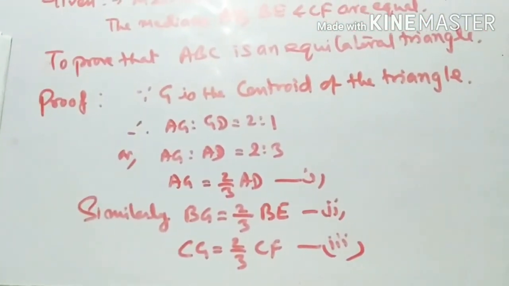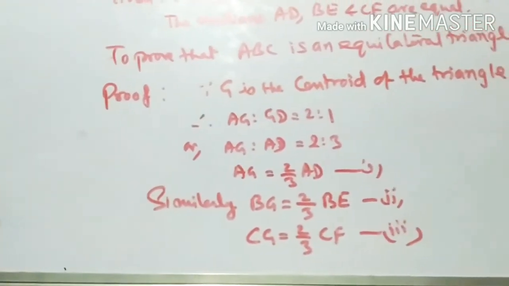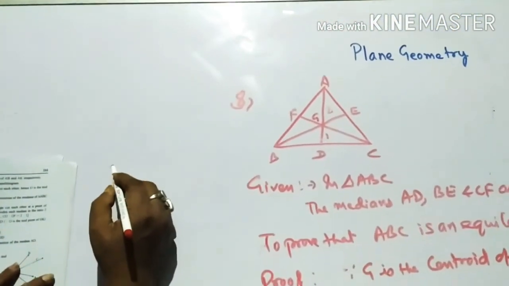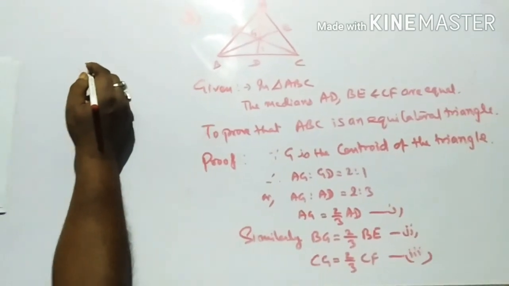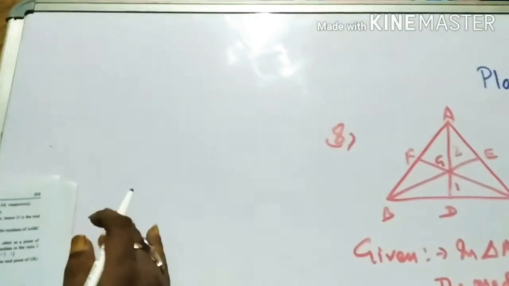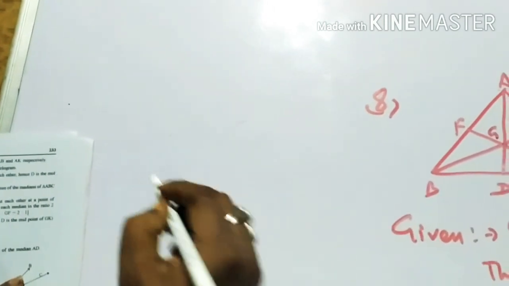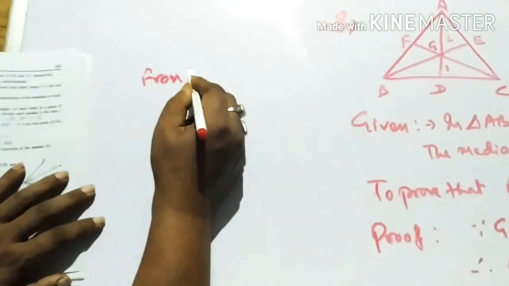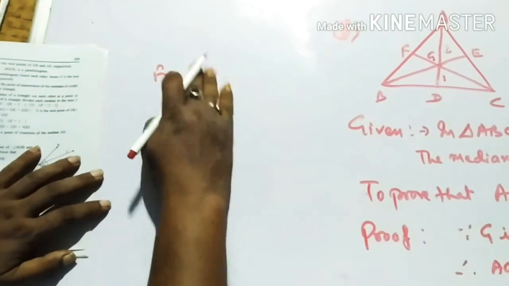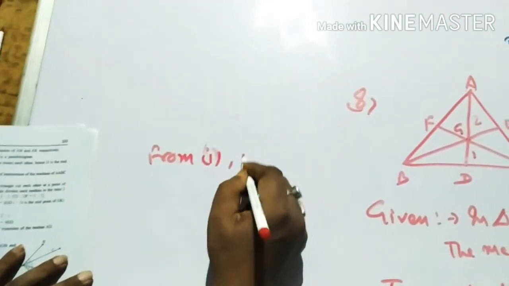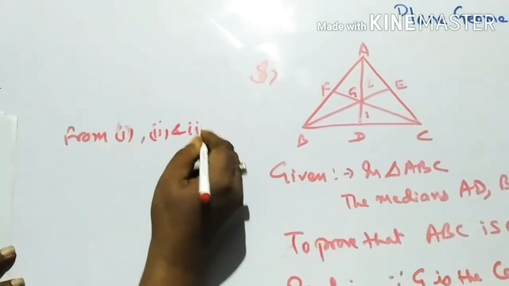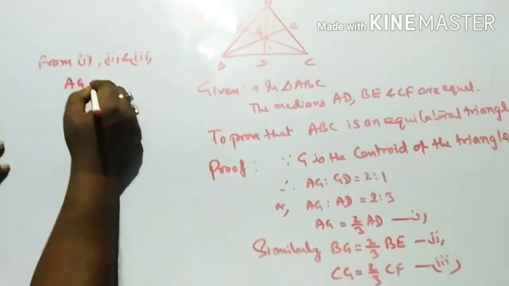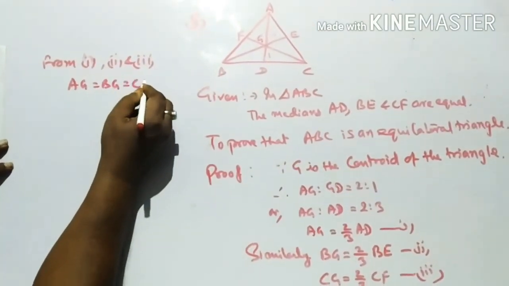Now, what do you find here? From 1, 2, and 3, I can conclude that AG is equal to BG is equal to CG.